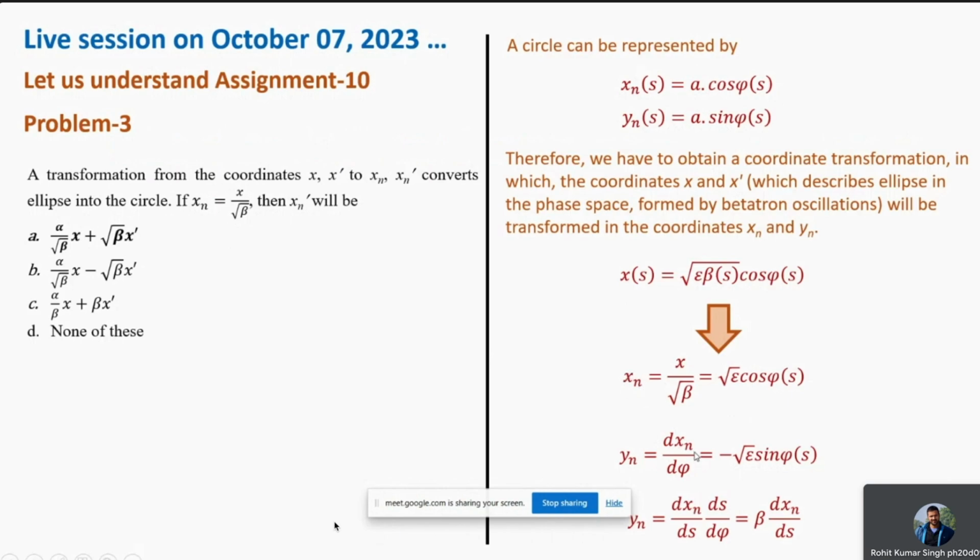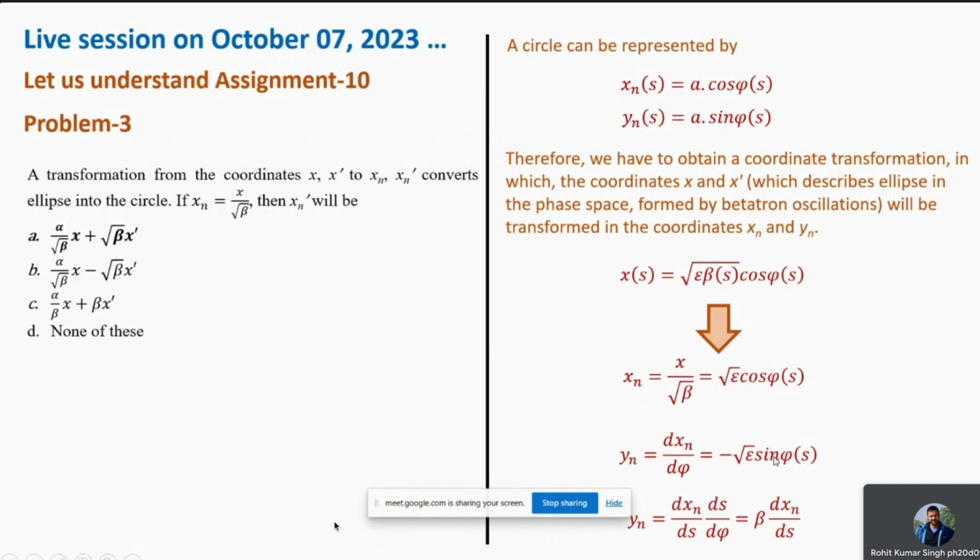You can say x new. So dx new by d phi will give you minus under root emittance sin phi. So now you can see our new x coordinate is under root emittance cos phi, and our new y coordinate is under root emittance sin phi. So these two coordinates will make the circle.